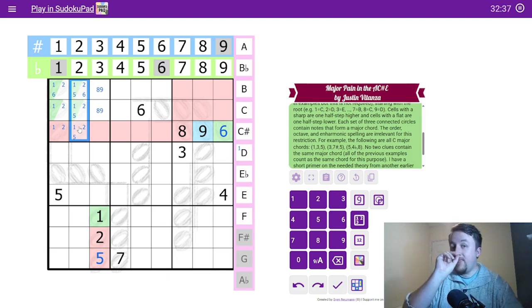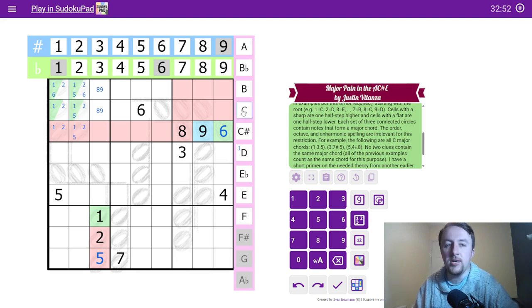But the problem there is that the other chord then can't have any modifiers in it at all because they've both been swallowed up by the C sharp major chord. And the only chords with no modifiers in them at all would be a C major chord, which would be 1, 3, 5. That's not possible because we've just used up the 5 in this hypothetical C sharp major chord.